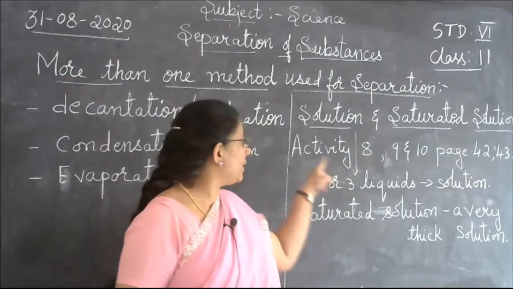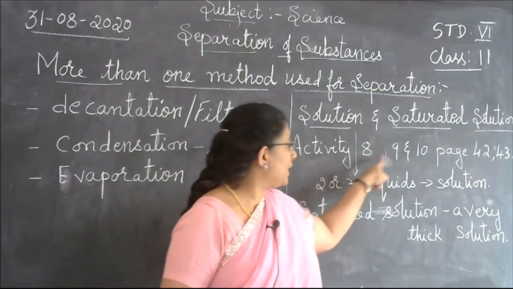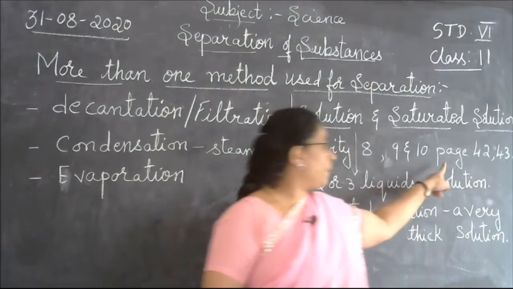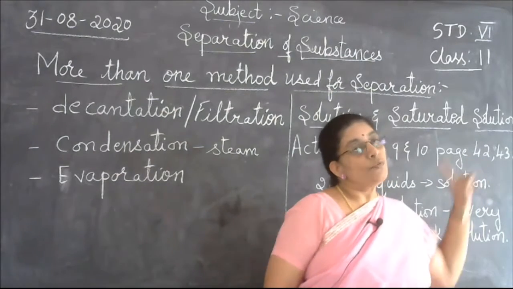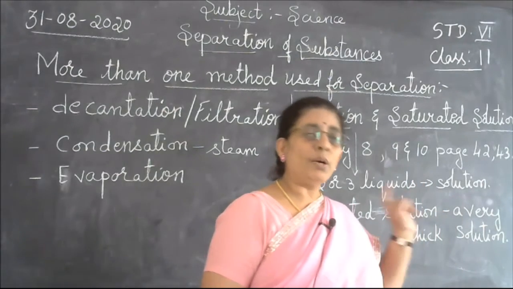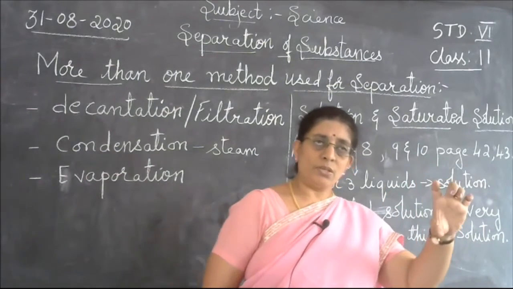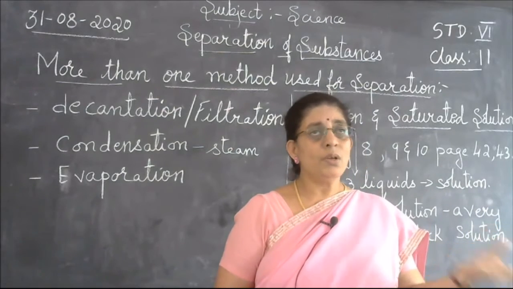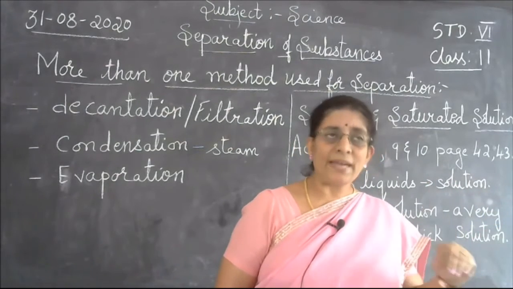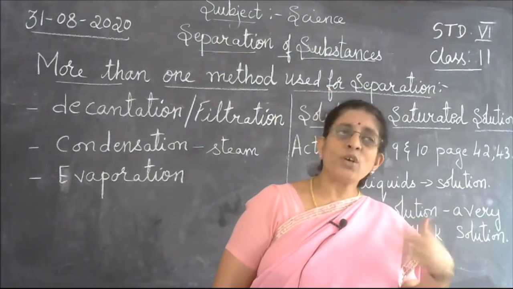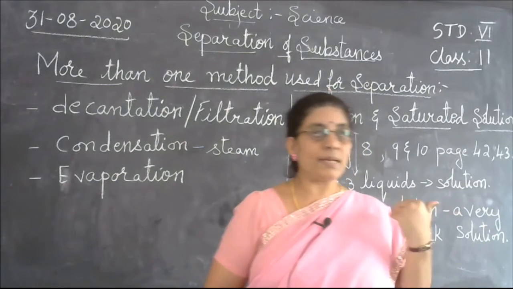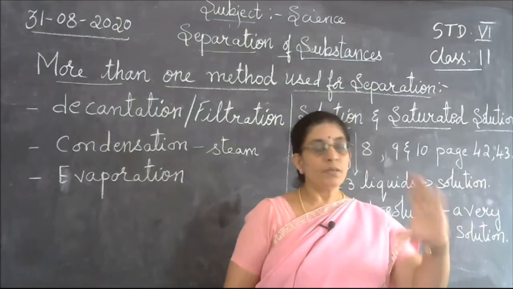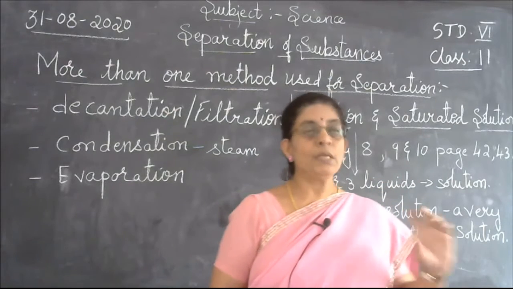So for this you can refer to activities 8, 9 and 10 on pages 42 and 43. Now, do you think the salt or the sugar, however much you keep adding, keeps on dissolving into the water? You can try this at home and see. Take a tumbler of water.